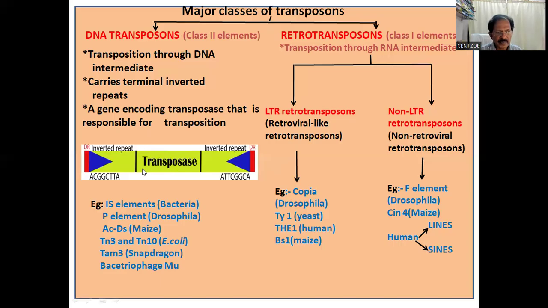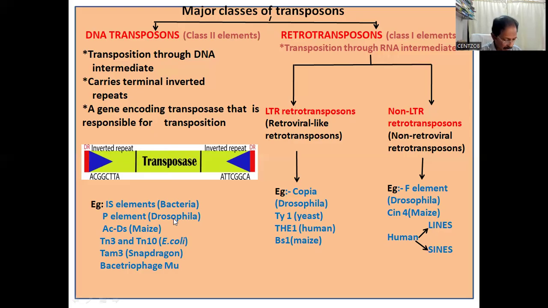It's the simplest one. So once more, DNA transposons, also known as class 2 elements, show transposition through a DNA intermediate, carry terminal inverted repeats and a gene encoding transposase that is responsible for transposition. And these examples are also very important. IS elements are the simplest, seen in bacteria.